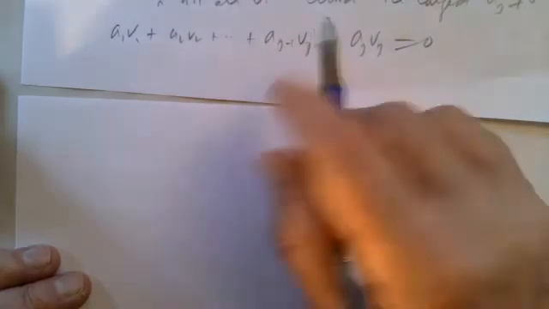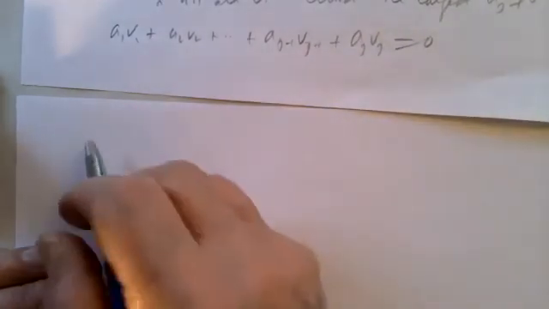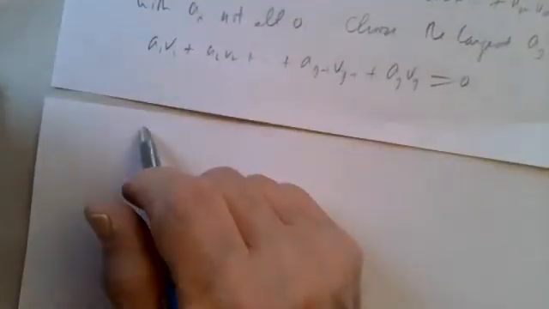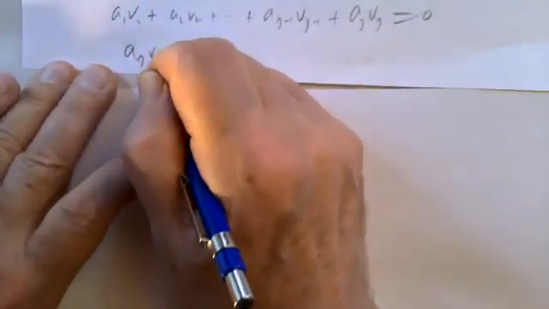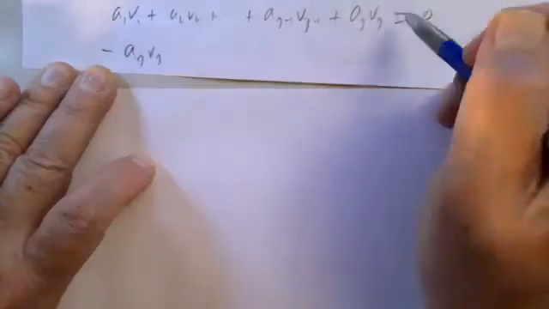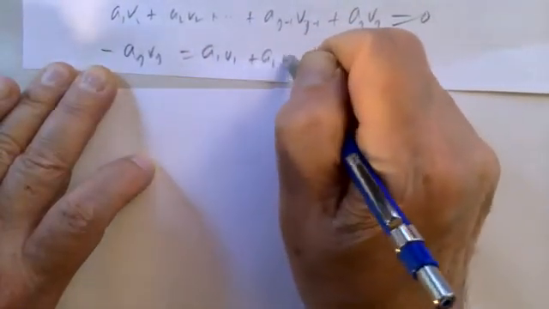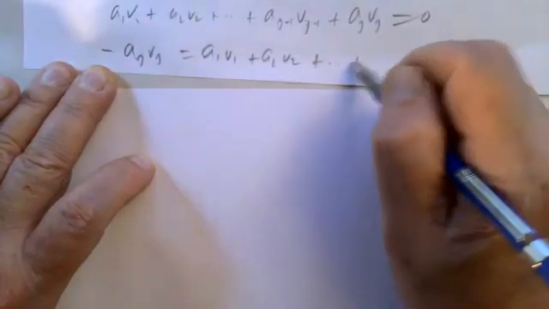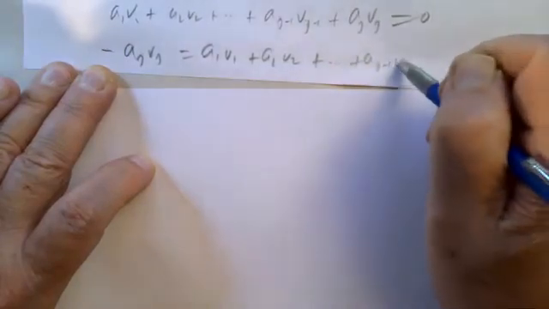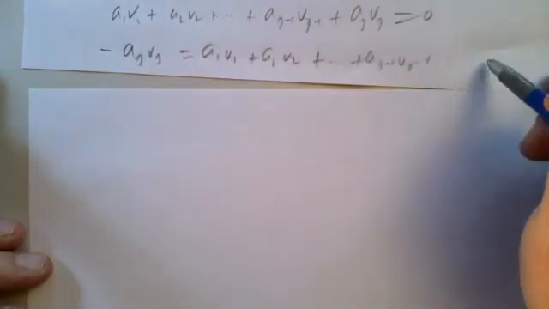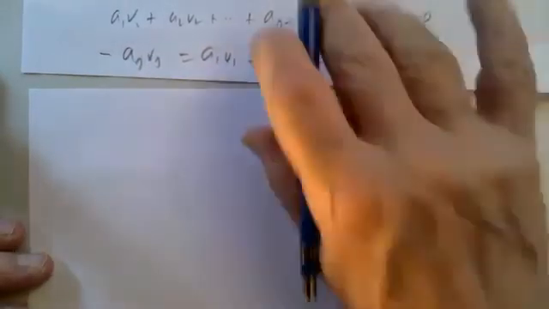So if I take this equation, I can write this as minus Aj Vj is A1 V1 plus A2 V2 up to A sub j minus 1 V sub j minus 1. And because Aj is different from 0, I can divide by it.